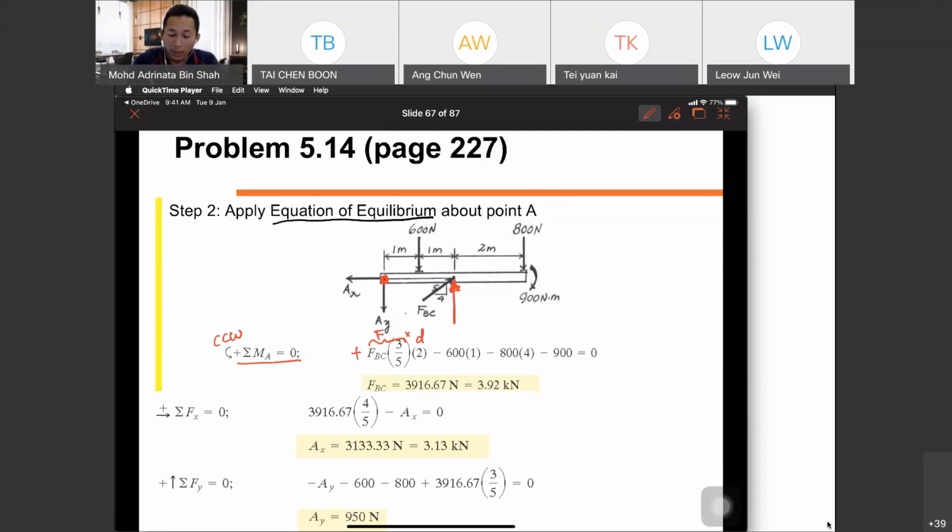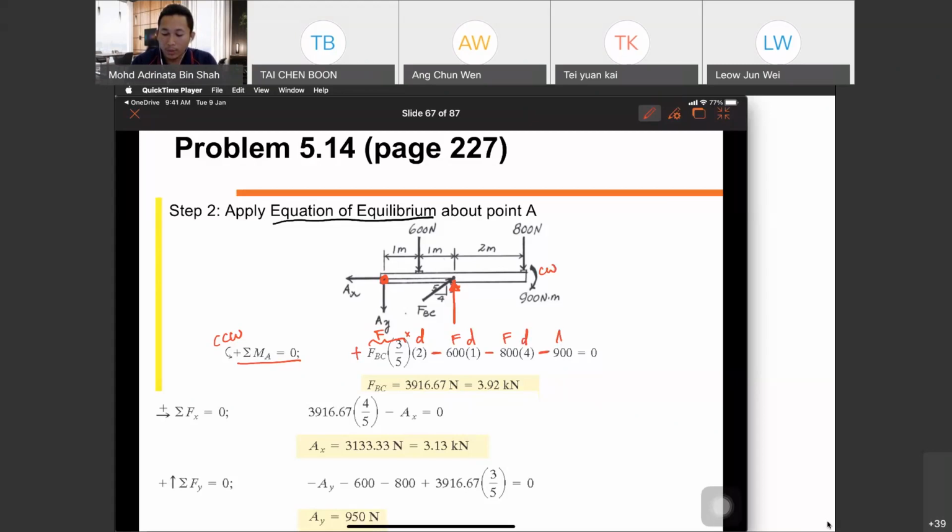Then you have 600 Newton, clockwise direction, negative, 600 times distance. 800 clockwise direction, force at A, distance is 1 plus 1 plus 2, 4. Minus clockwise direction, minus 900 equals 0.